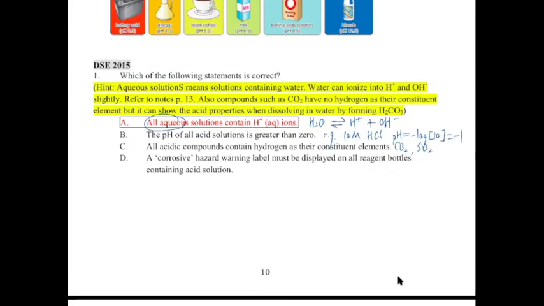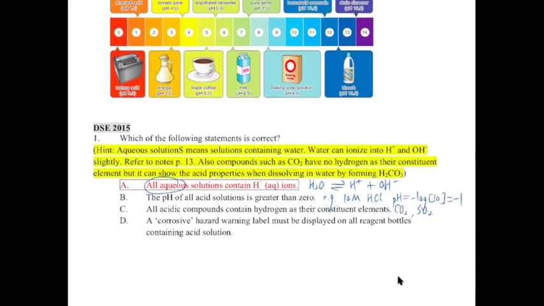Yes, a corrosive warning label should be displayed on concentrated acid or alkaline, okay? But for very dilute acid solution, we just need to have an irritant label. That's enough. It's not corrosive, so no need for a corrosive label. So only A is correct here.